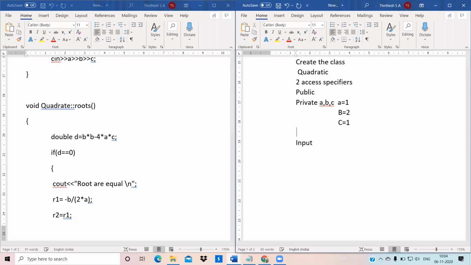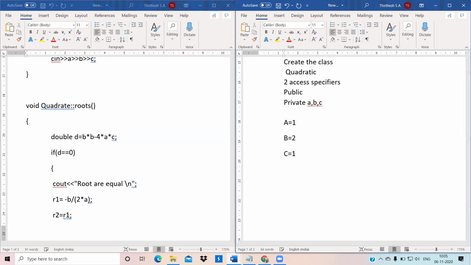So this is your input: a is equal to 1, b is equal to 2, and c is equal to 1. So now what you're going to do?